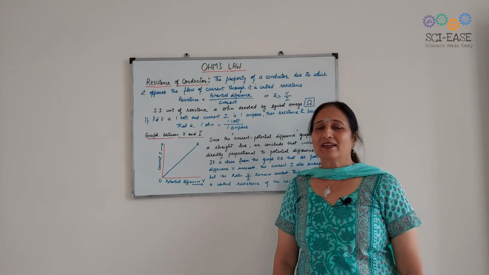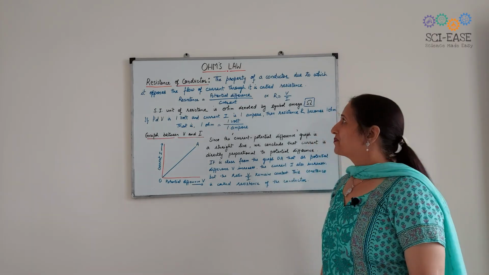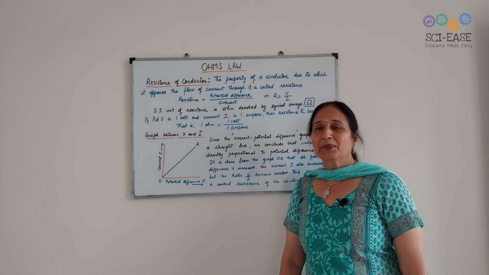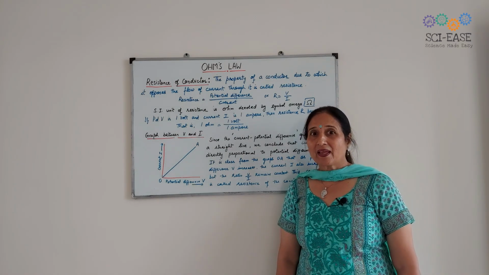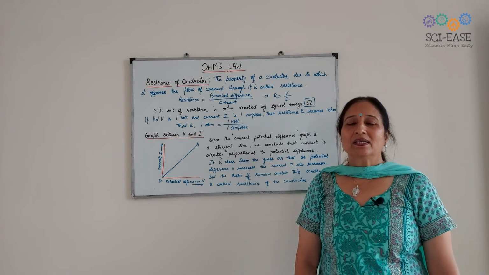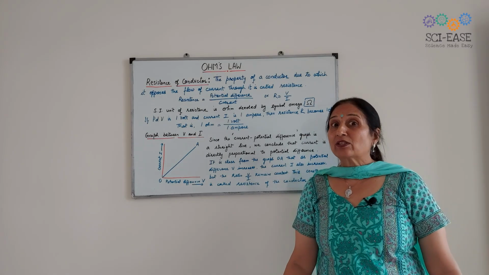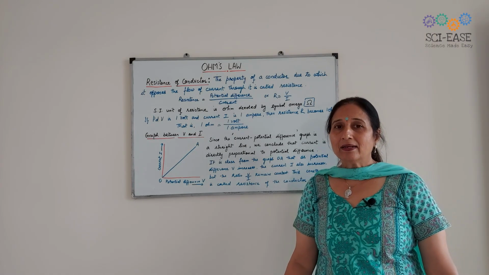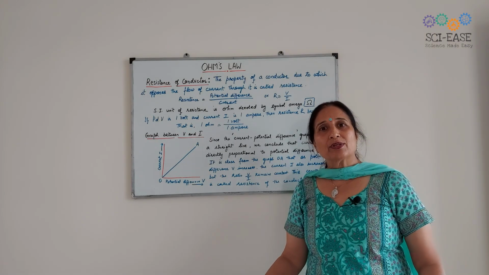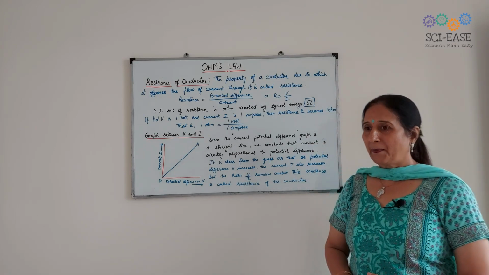In continuation with Ohm's law, I want to tell you about resistance of the conductor. You know that electrons flow in a conductor. So what is electric current? It is the flow of the electrons through the conductor.